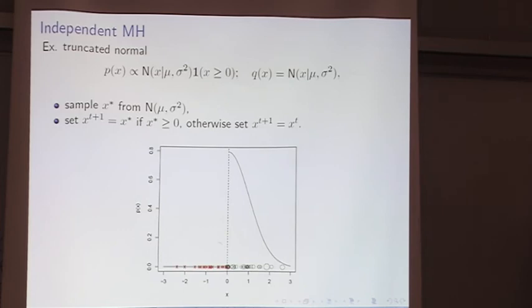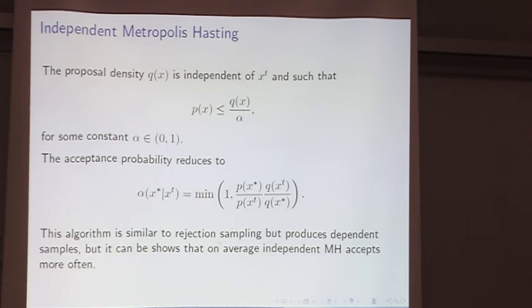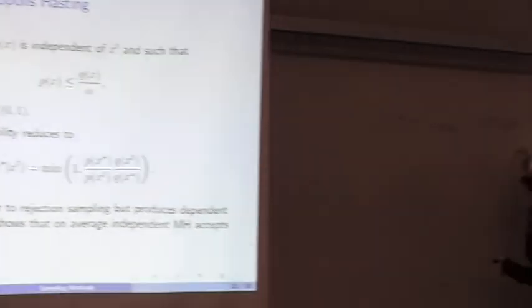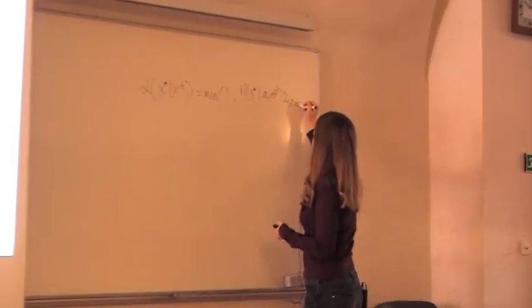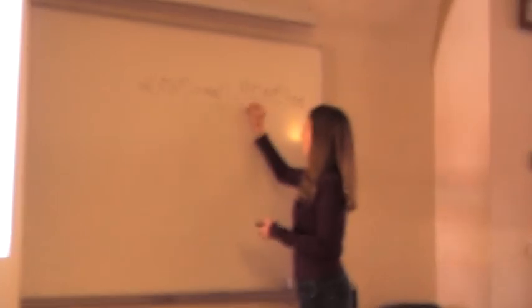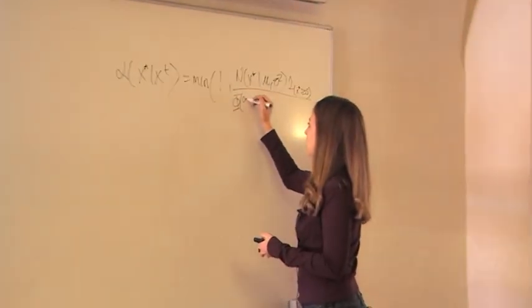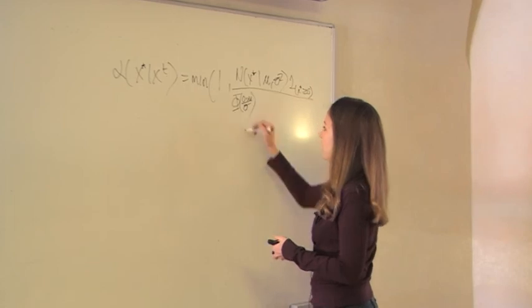Alpha of x star given our current state. So that's just the ratio of these two terms. It's the minimum of 1 and p of x star, which was our normal at x star, mu, sigma squared, times the indicator that x star is bigger than 0, divided by our normalizing constant, which is just 0 minus mu over sigma.